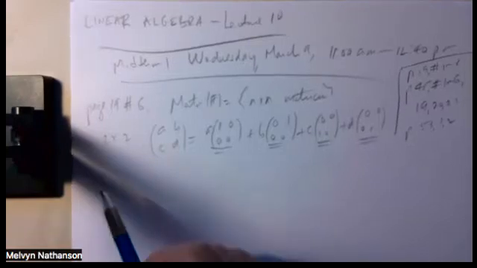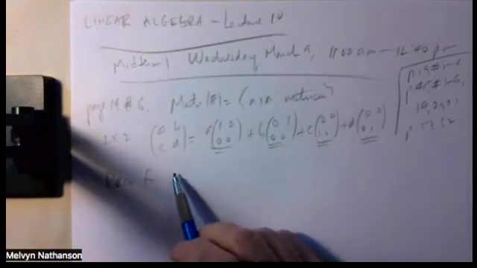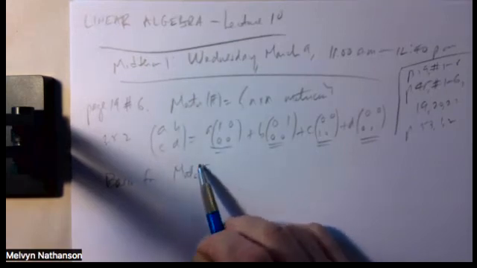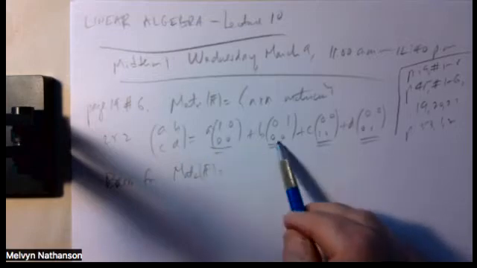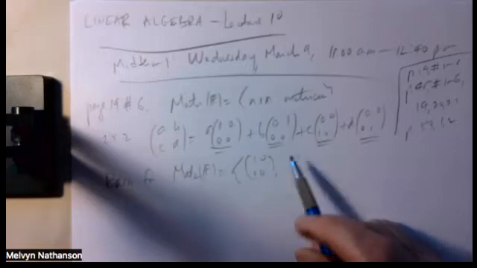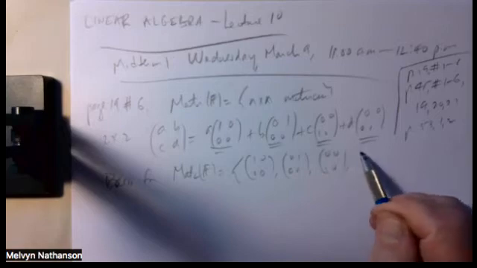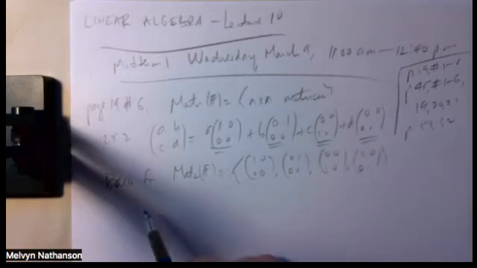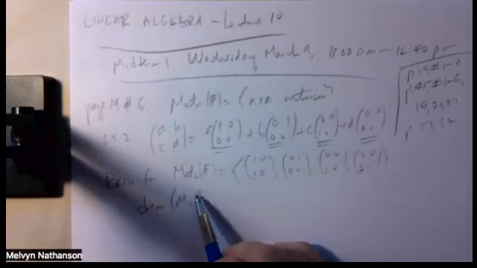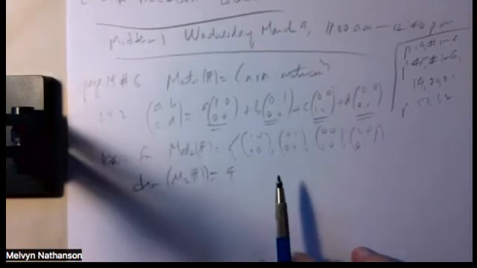So a basis for the 2 by 2 matrices is just these 4 particular matrices. So this is a vector space of dimension 4, because there's a basis with 4 vectors.